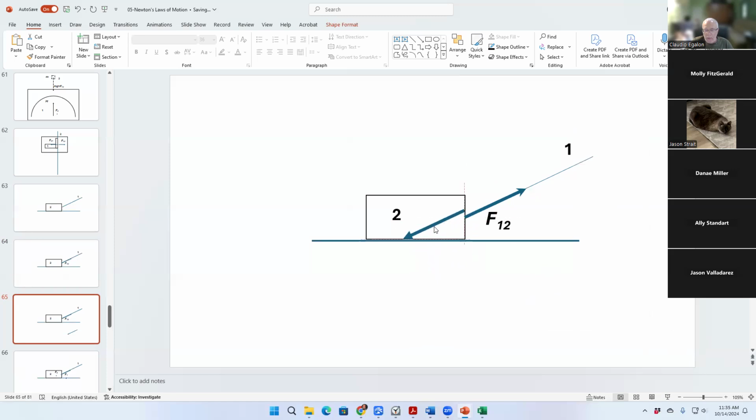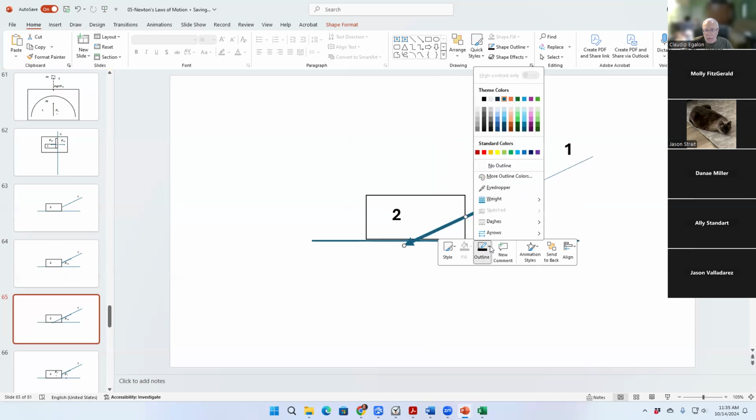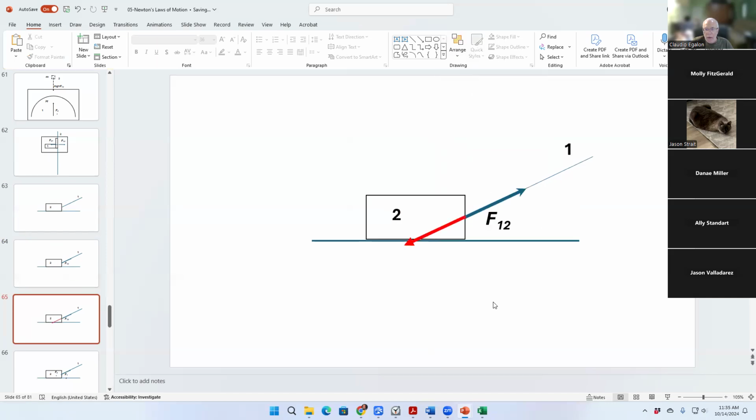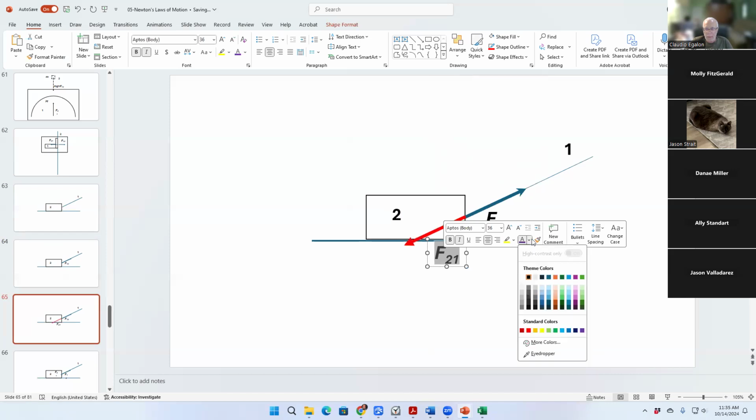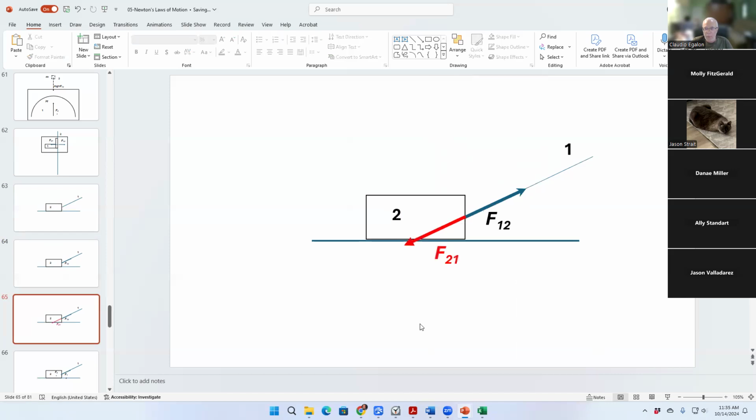I'm going to display it so it's even better. You know what? I'm going to change the color. Here you go. Force that 2 exerts on 1. Like that. Okay.